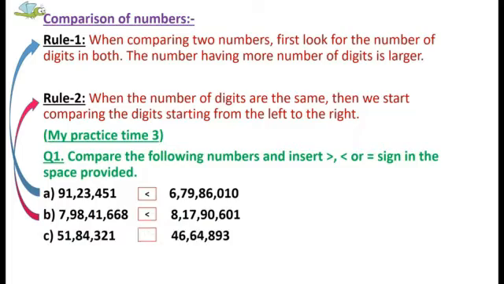Question C and D are also there, and in the same way we follow these two rules. If the number of digits are the same, we compare from the left hand side, and if the number of digits are different, the number having more digits is the larger number.